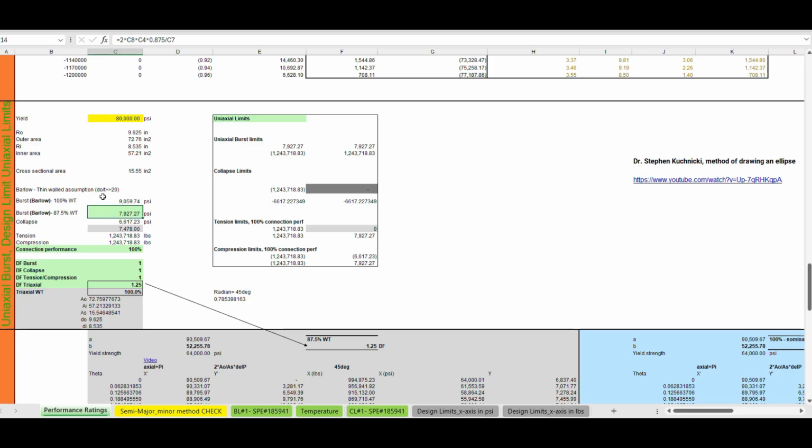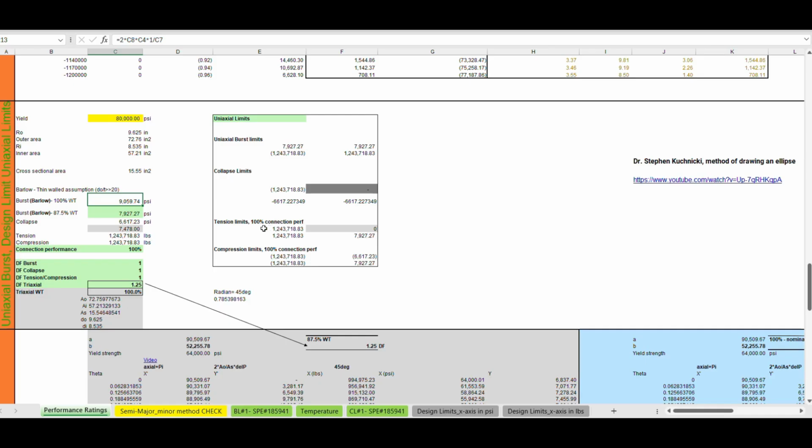If you use the Barlow equation but not the API thickness, it goes up to 9060 psi, which I'm going to show you how this pressure lies with the ellipse equation. And then I'm assuming 100% connection performance, meaning that the connection is as strong as the body in tension and compression.